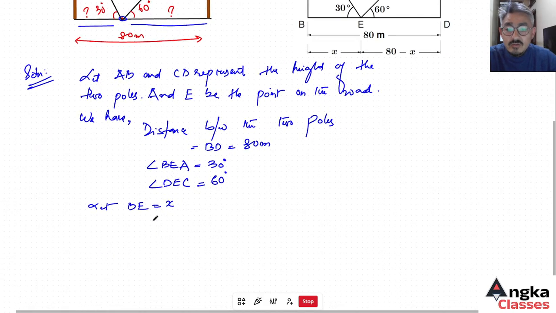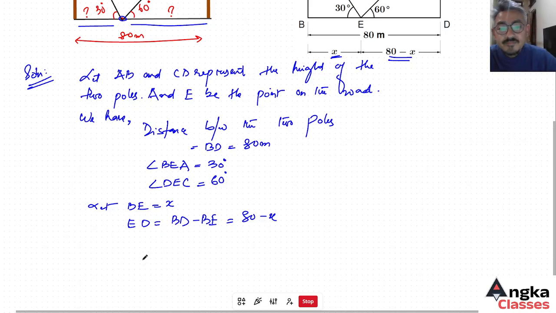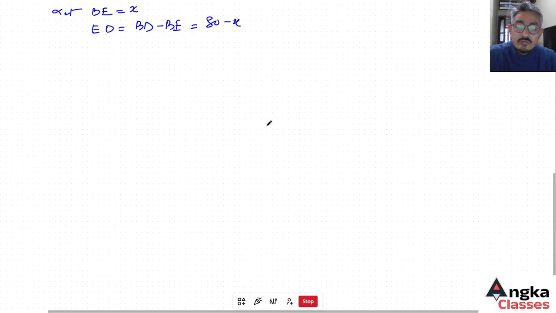B is X ne log ta de koina kai harani ED haribasidi BD minus BE, which is equal to 80 minus X. Okay, so we have X and 80 minus X. Now, I koina solve to bahorsi.